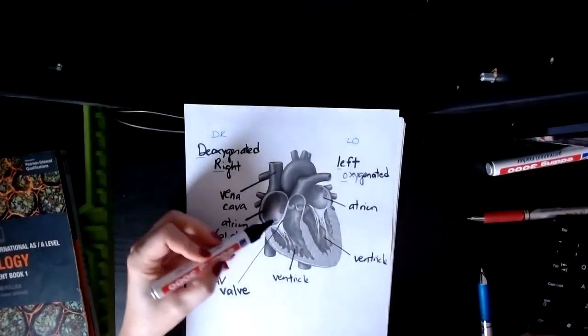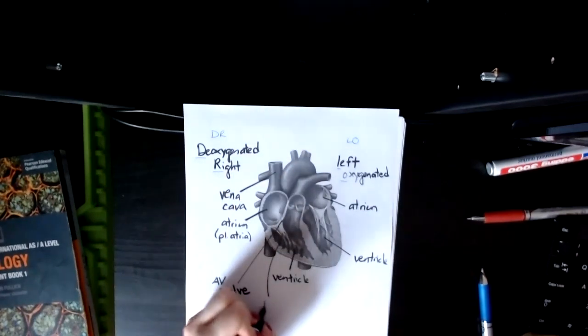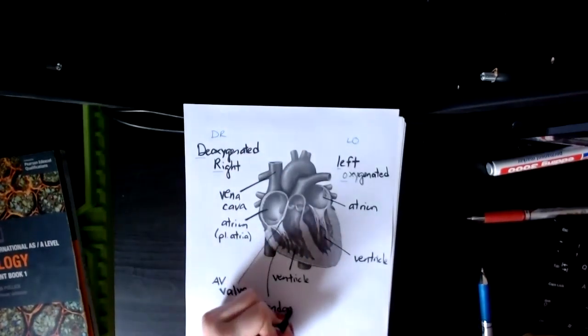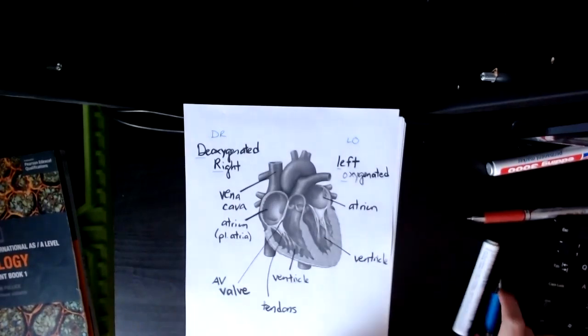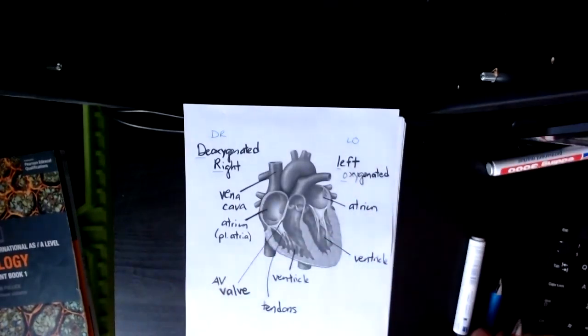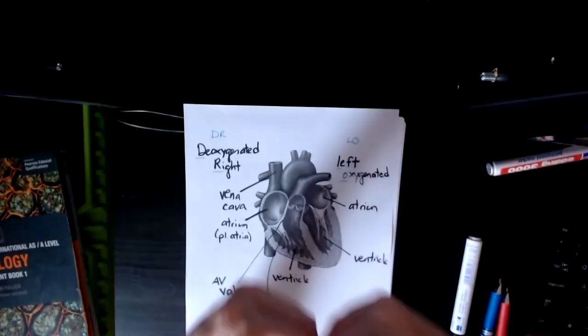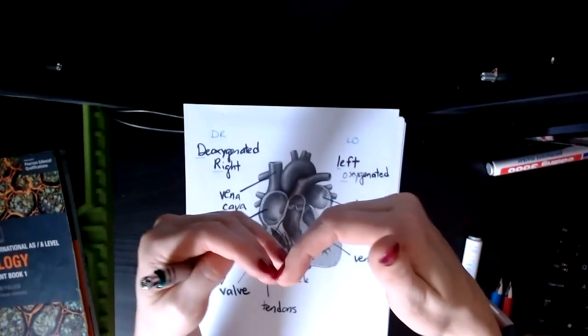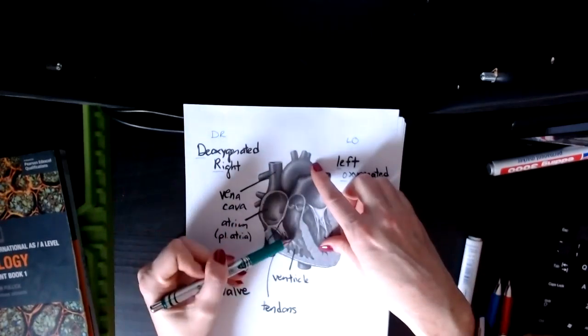Now, the other thing that you can see on this diagram here is this. These are the tendons, all right? And tendons you'll find on each side of everywhere there's a valve, there's going to be a tendon in the heart. And the reason for the tendons is that they prevent the valve from basically inverting on itself. So these valves open to allow blood to go from the atria to the ventricle.